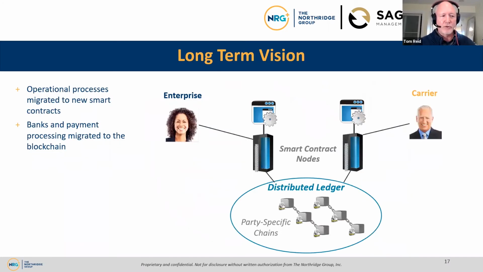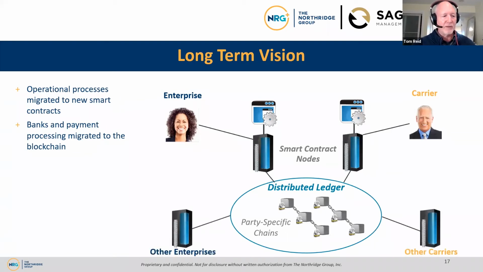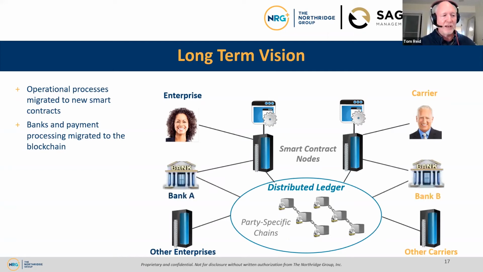So longer term then, we've got those smart contract nodes, and our legacy applications interface to them. Over time, we can add other enterprises and other carriers, and we can add financial institutions as well. And you'll note here that we're showing party-specific chains. That's a really important aspect of these permissioned blockchains, particularly with Hyperledger Fabric.